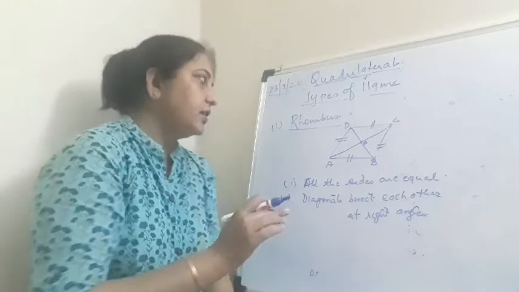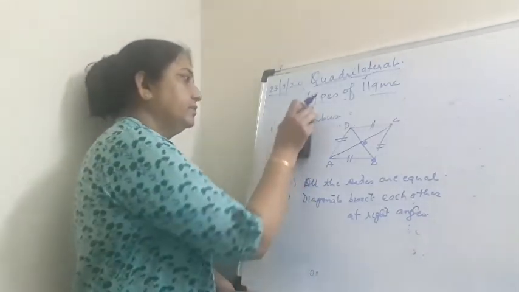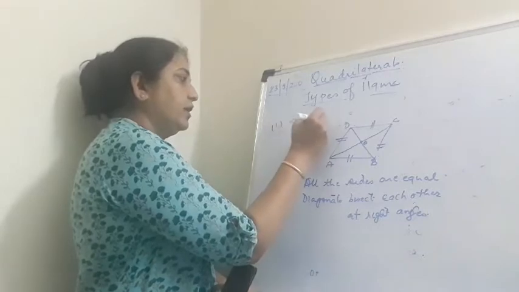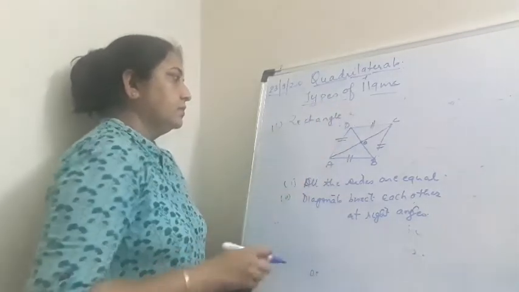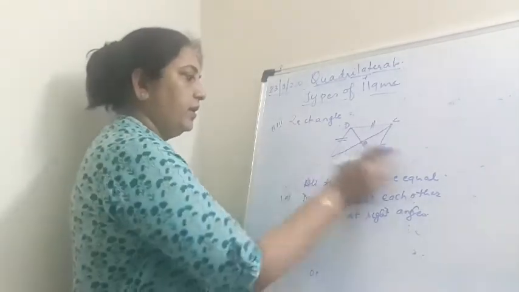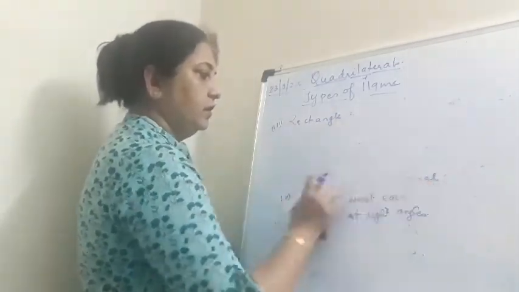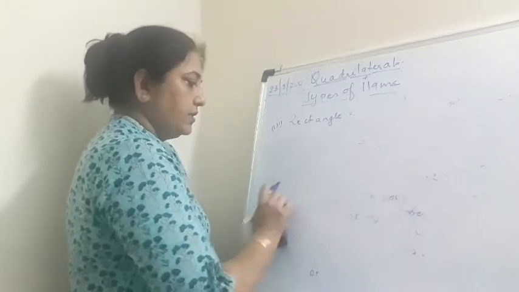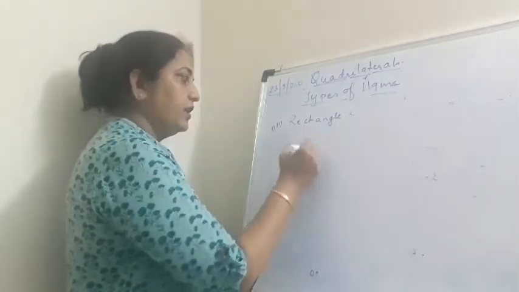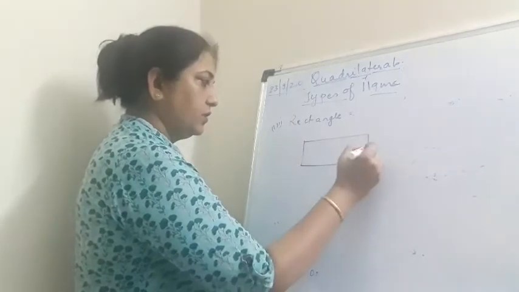Next is the rectangle. You know how a rectangle looks, you have drawn this figure so many times. Why is a rectangle a parallelogram? Firstly, a rectangle is a quadrilateral because it has four sides.